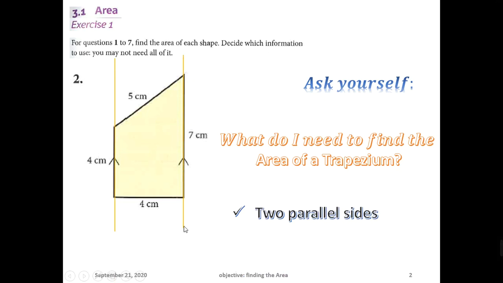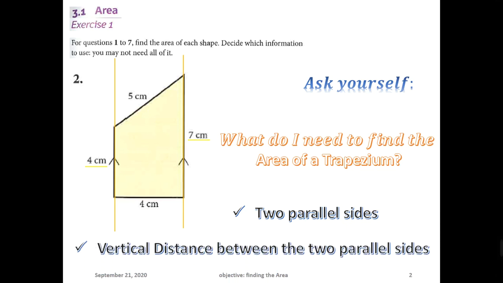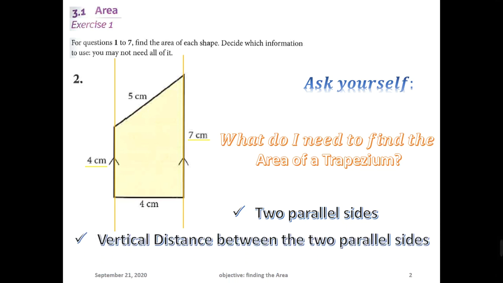We highlighted the two parallel sides, as you can see here, and we underlined them. So we're going to use these two numbers to calculate the area of this trapezium. And we need the vertical distance between the two parallel sides. We have just drawn the vertical distance between the two parallel sides, and we're going to call it D. But it is unknown for us.